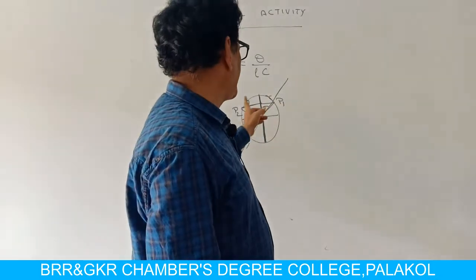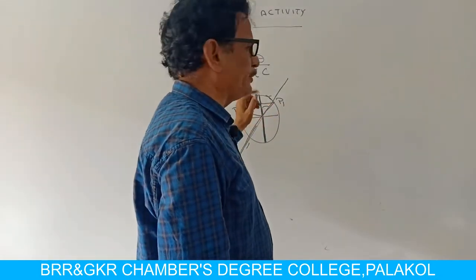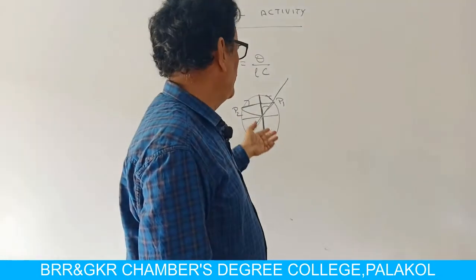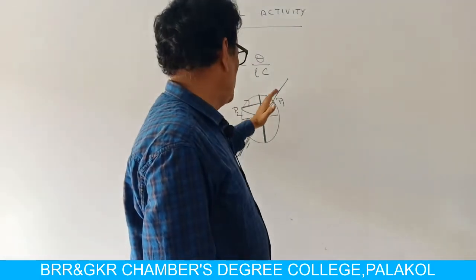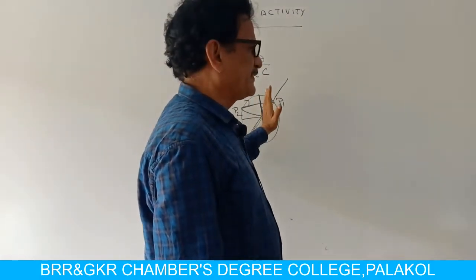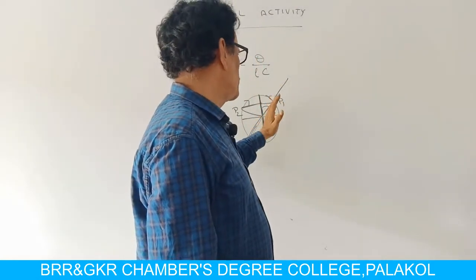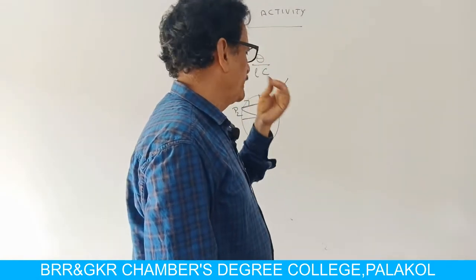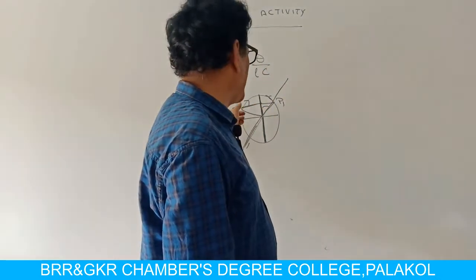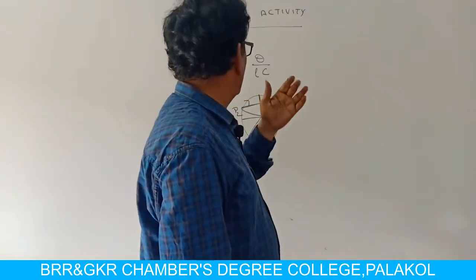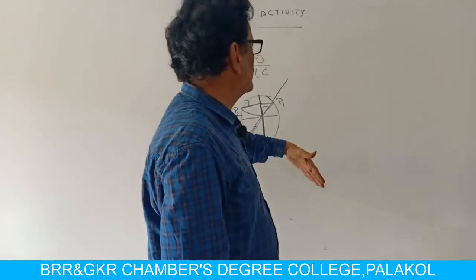If the velocity of P1 is greater than that of P2, then the axis of vibration gets rotated towards the left hand side. If the velocity of P2 is greater than that of P1, then the axis gets rotated towards the right hand side.